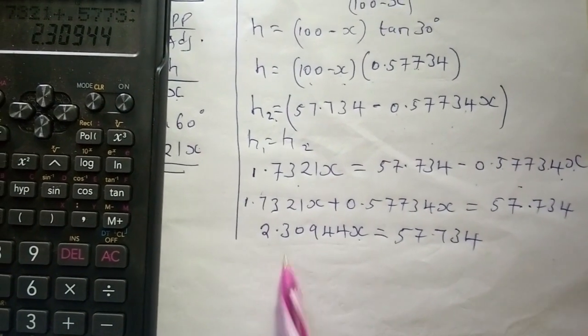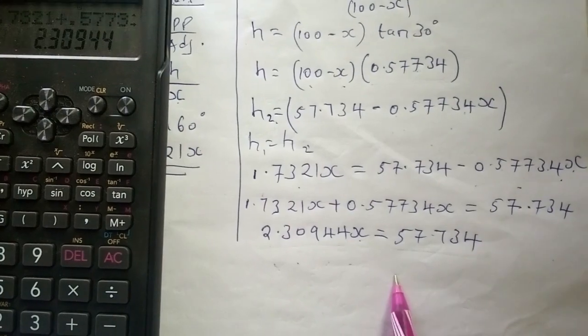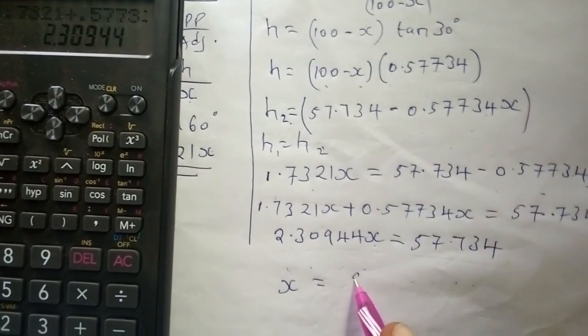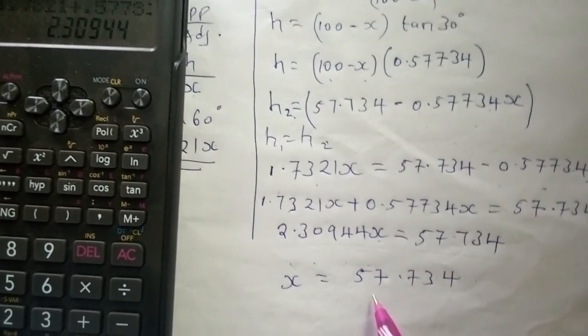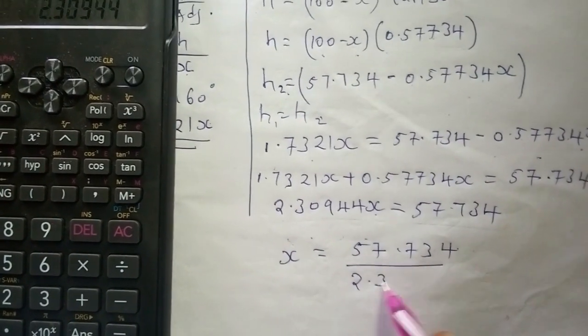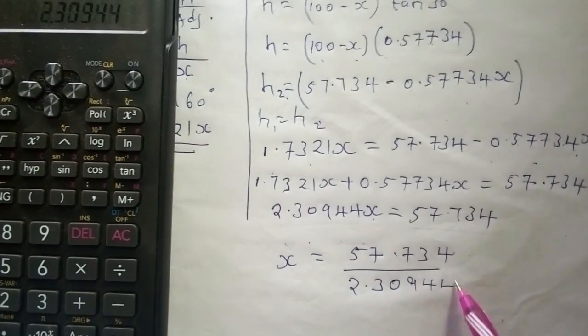You divide by 2.30944 on both sides. So the value of x is going to be 57.734 divided by 2.30944.